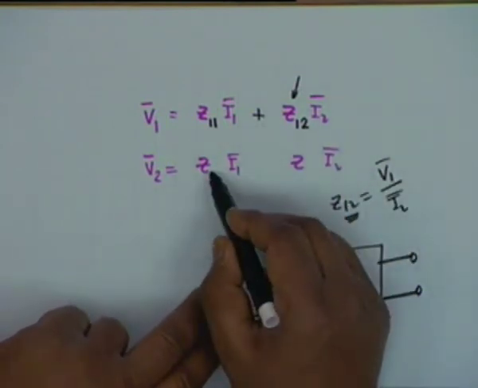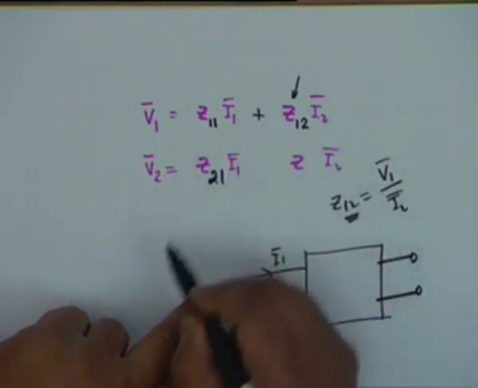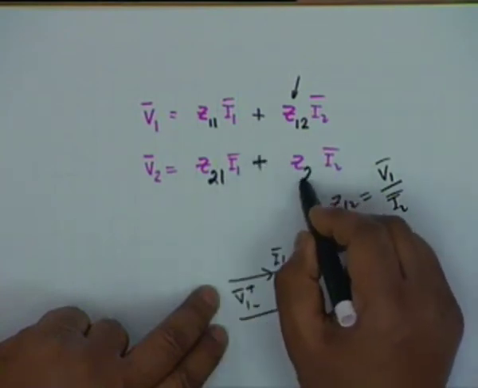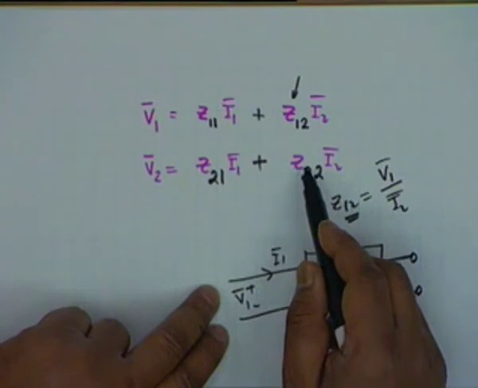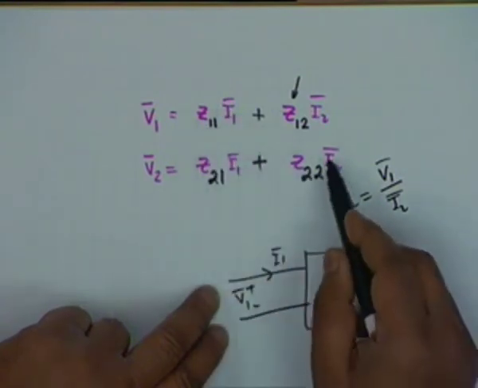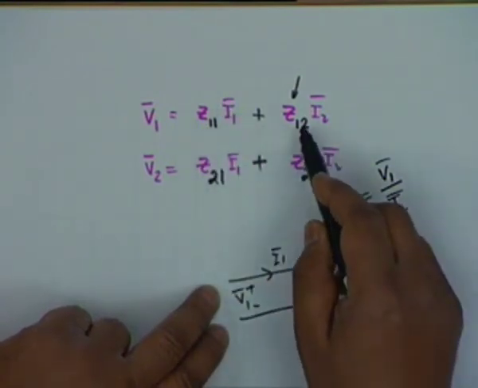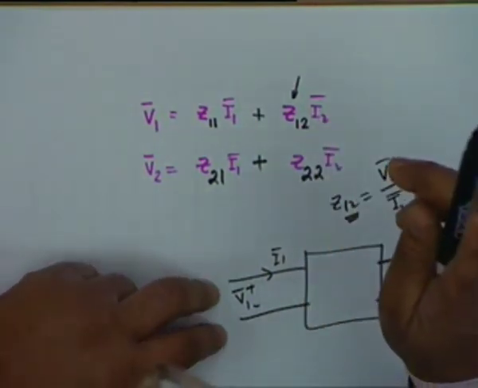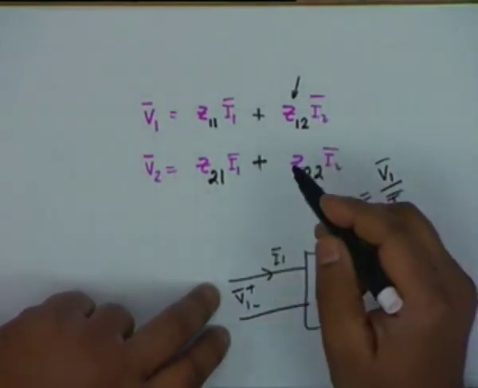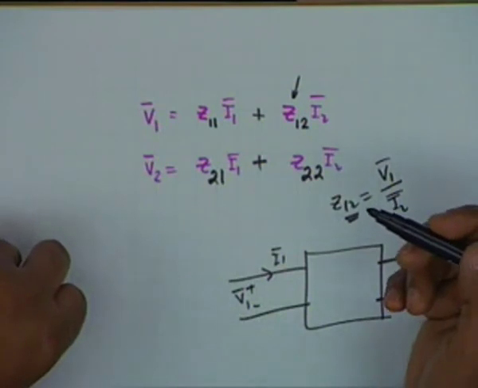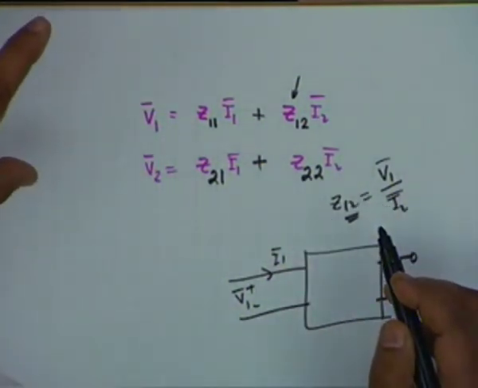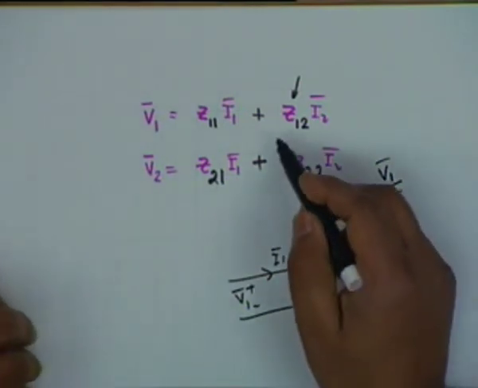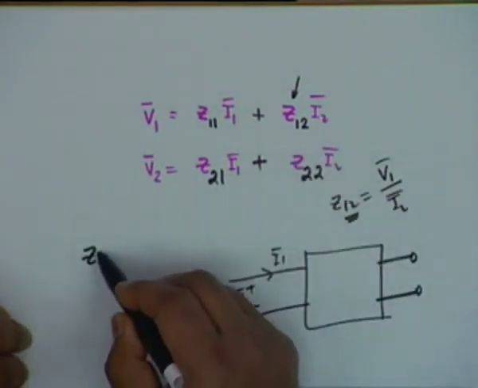Similarly, this impedance we shall call Z21 and this impedance we shall call Z22. You understand why double subscripts? We could have called this Z1, we could have called this Z2, but since we have to use double subscripts for the transfer impedances, we maintain uniformity. And you see that if the network is reciprocal, then what is the condition?